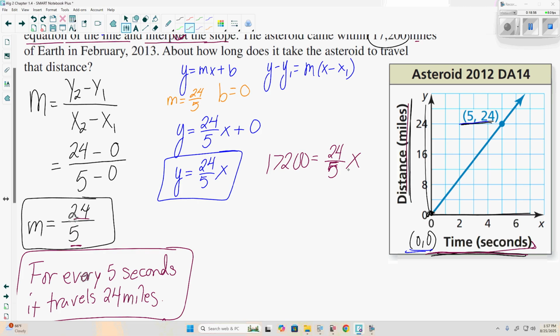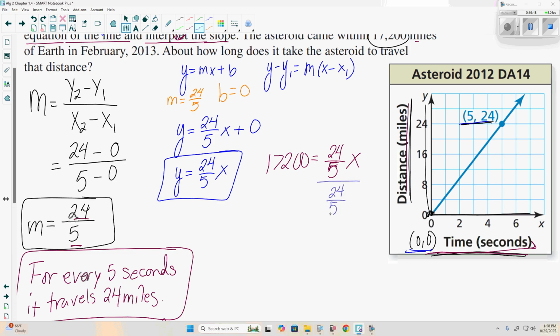So how can we solve this for x? Well, what is with our x value? 24 over 5. How are they? What's the operation between those two? Multiplication, yes? The only way to undo multiplication is with division.